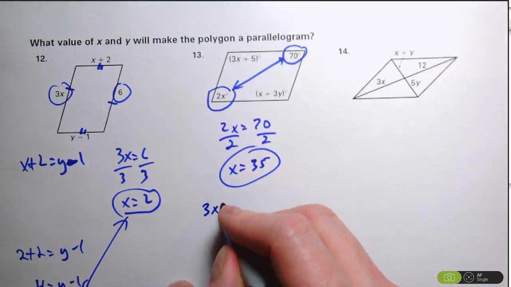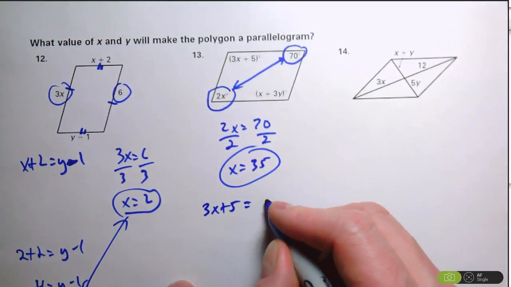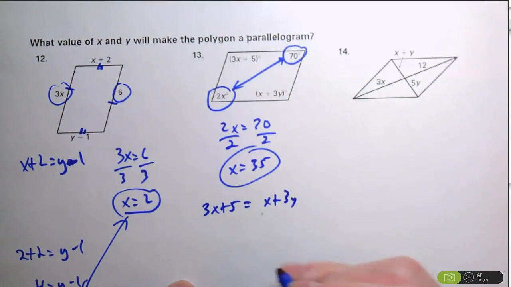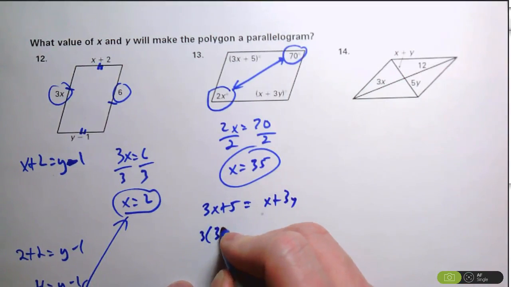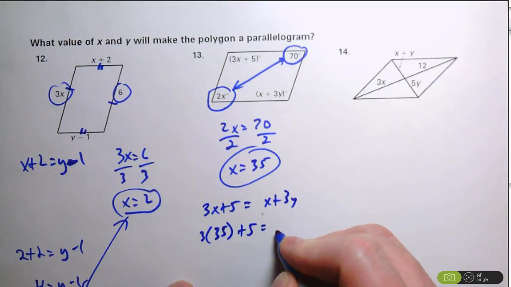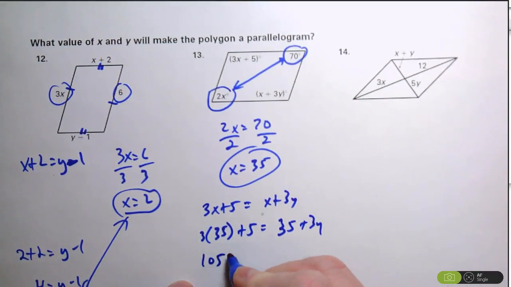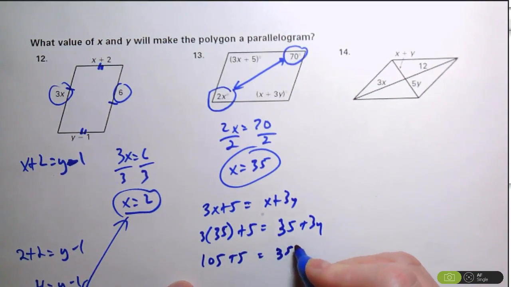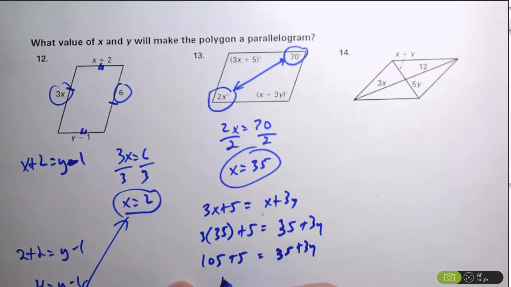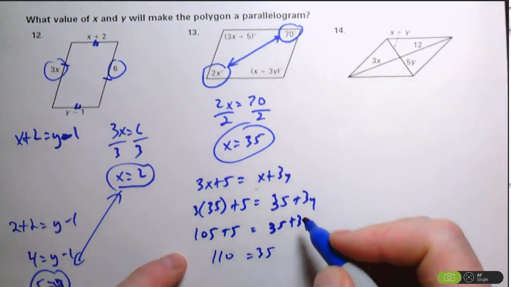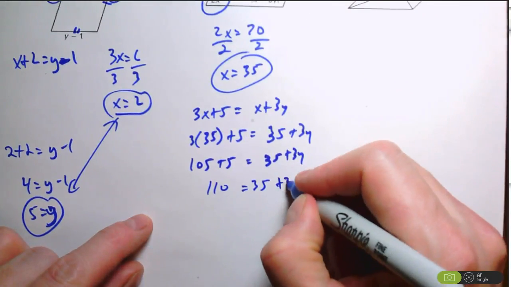So I can set 3x plus 5 equal to x plus 3y. And so 3 times 35 plus 5 equals 35 plus 3y. This is 105 plus 5 equals 35 plus 3y. 110 equals 35 plus 3y.